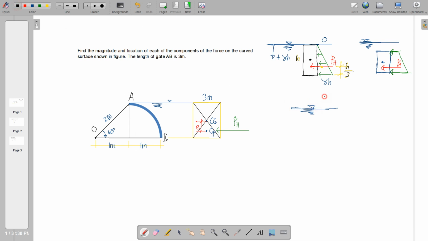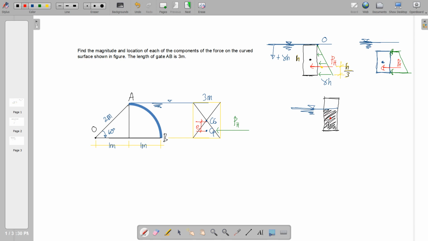So it is partially submerged. If your gate is partially submerged, remember that we are always concerned with the submerged portion only. Hence, that submerged portion is similar to this.